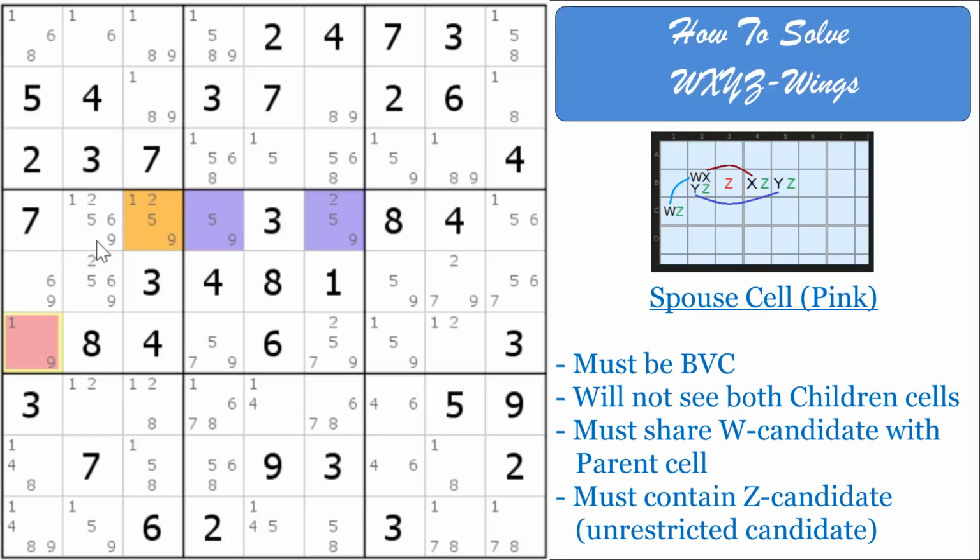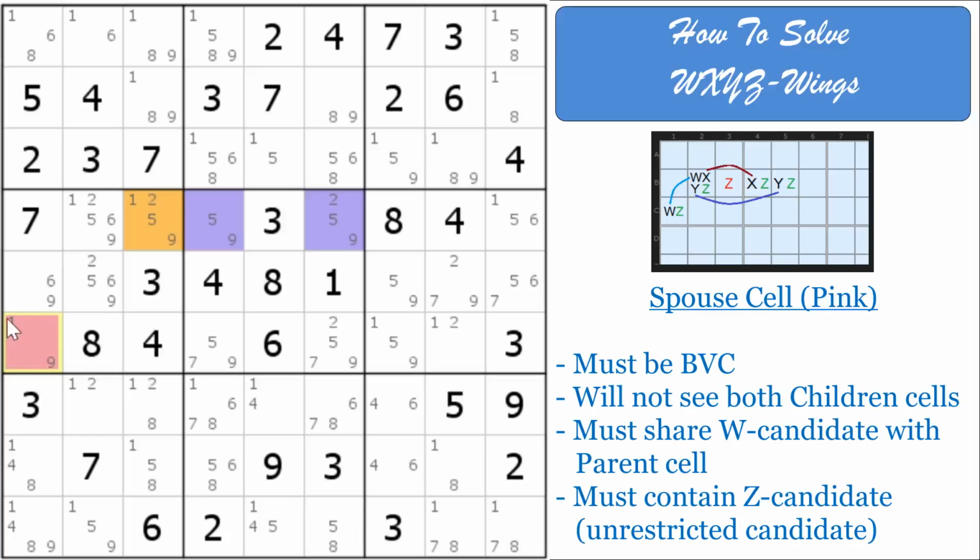And there's one exception I'll explain in a later video. The second part is it'll have to also contain the unrestricted candidate. So the 9 has to be here. So there's 2: this W, and this 9, which is the Z candidate. And the reason is that's how the eliminations work. You eliminate what all the 9s can see together, right? So that's how the spouse cell works.